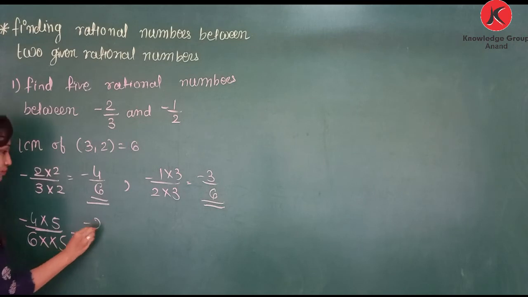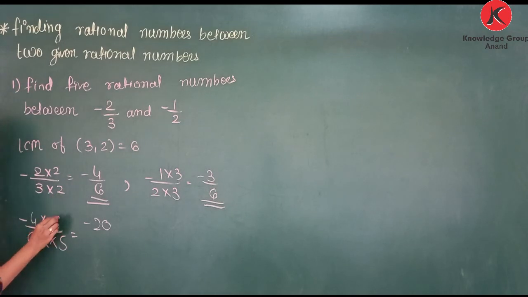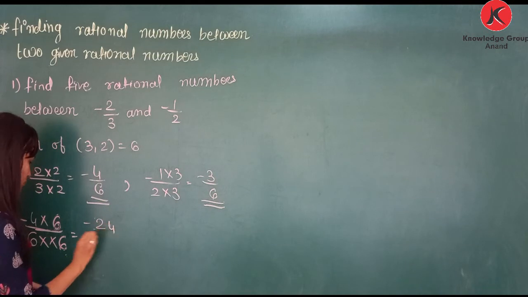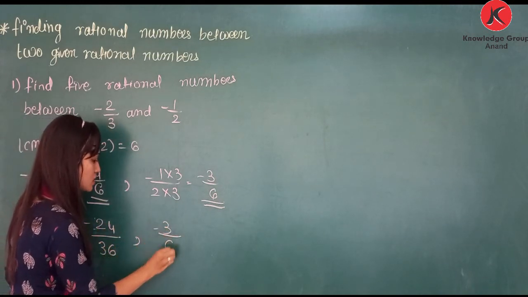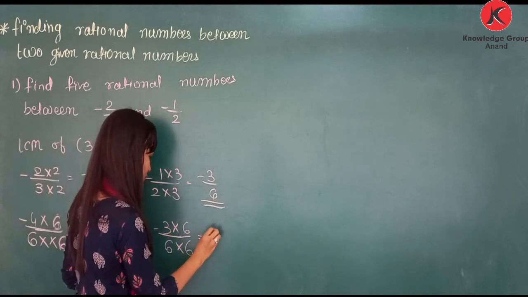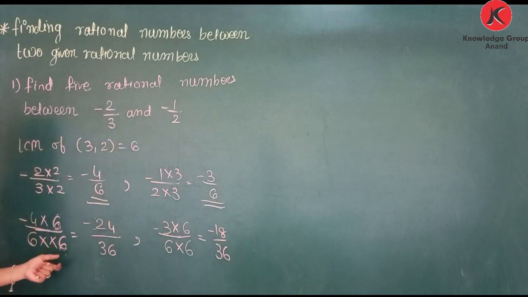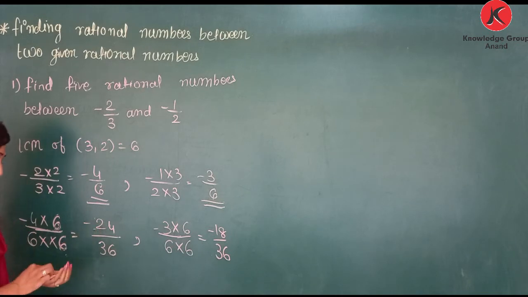Still we are not getting enough numbers, so multiply with 6. And minus 3 by 6 is also multiplied by 6. Now we have 5 rational numbers between minus 24 and minus 18. So which are these rational numbers?